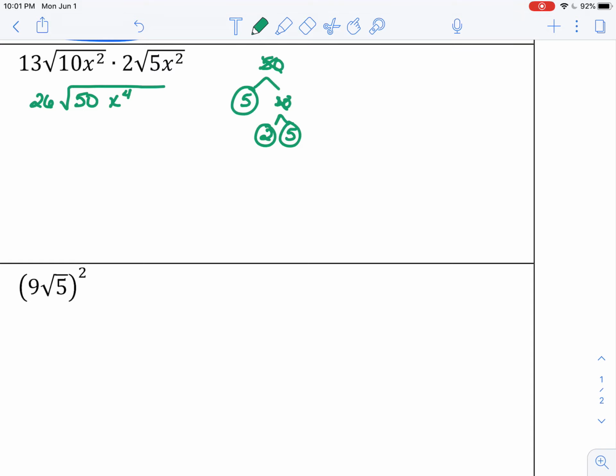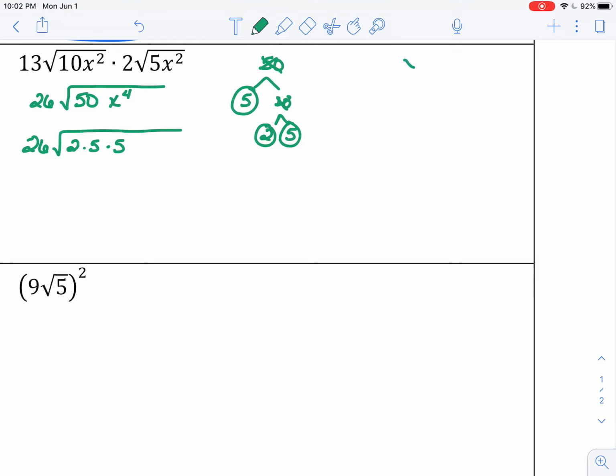Those are composite, they're broken apart, I don't care about them. So 26 not changed. But the 50 is now a 2 times a 5 times a 5. I do usually write these small to large. I don't want to write 5 times 2 times 5. I like my numbers kind of grouped together. It makes pairing the numbers up a little easier. So just a quick sidebar with that.